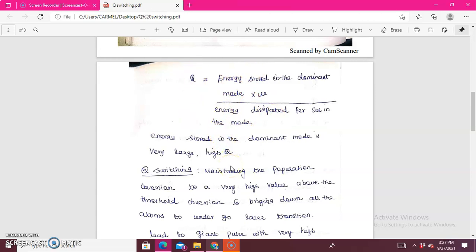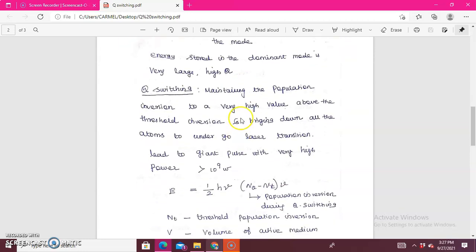The main focus of Q switching is to maintain the population inversion at a very high value above the threshold inversion, because based on this threshold inversion, the atoms are brought down to the lower level or stay in the upper portion. And it also leads to a giant pulse.